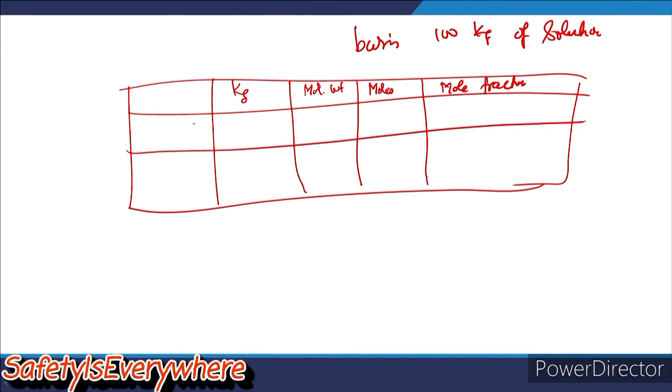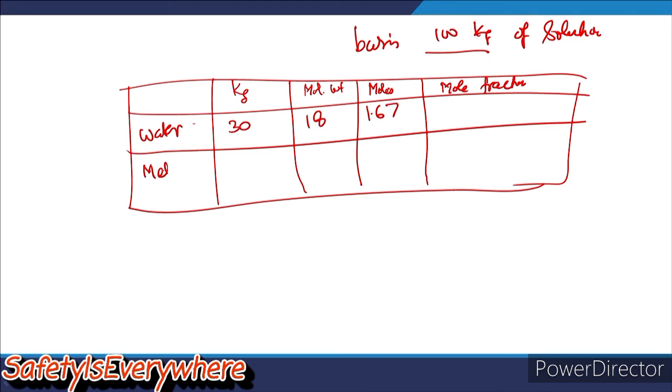So we have water with us. Based on this basis, it has 30 kilograms of weight. Then the molecular weight of water is 18, so the number of moles is 1.67.